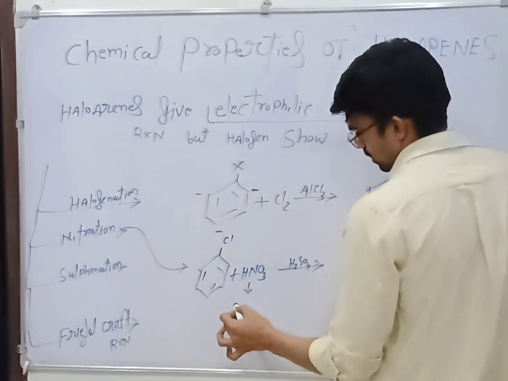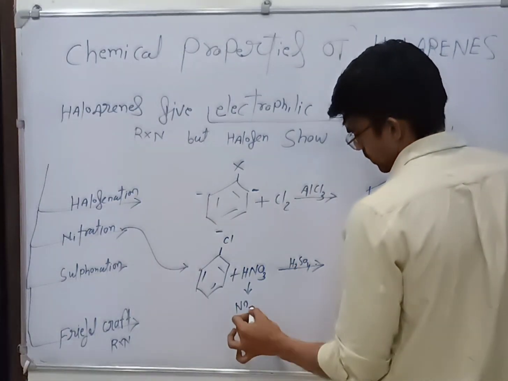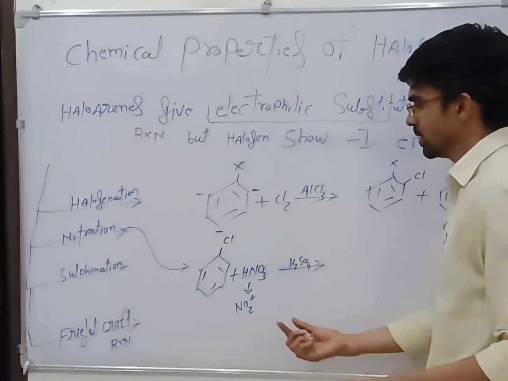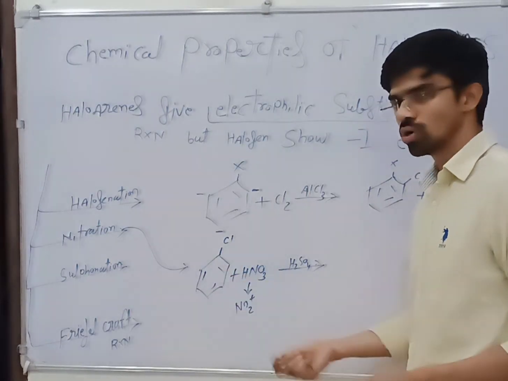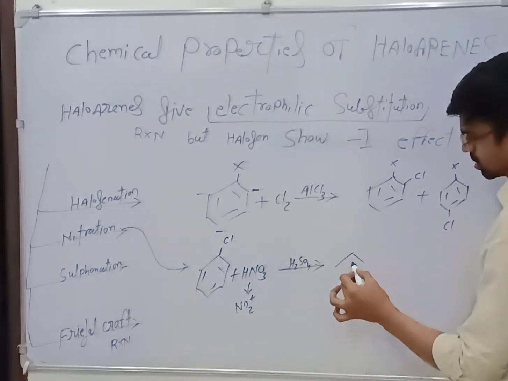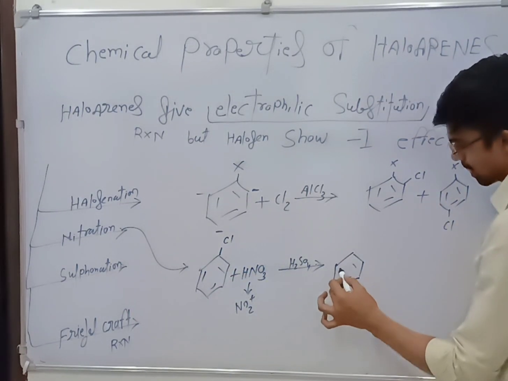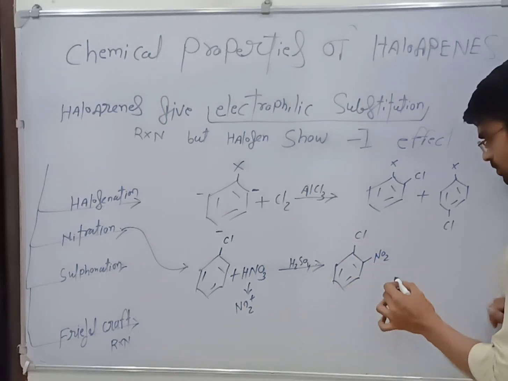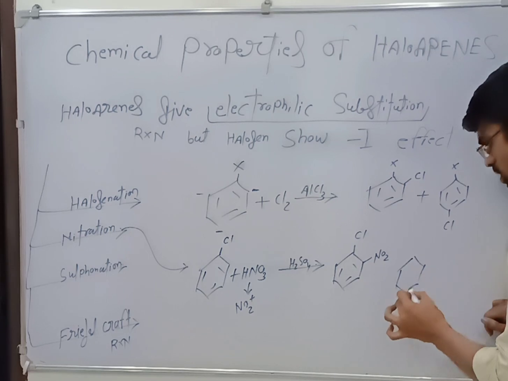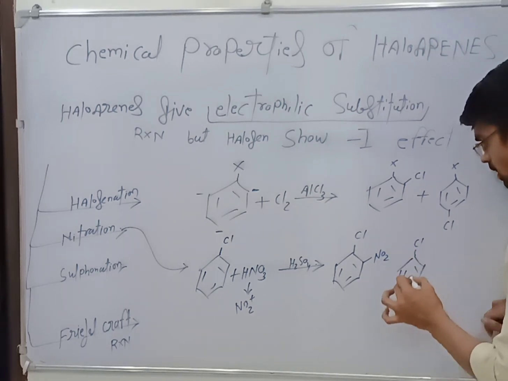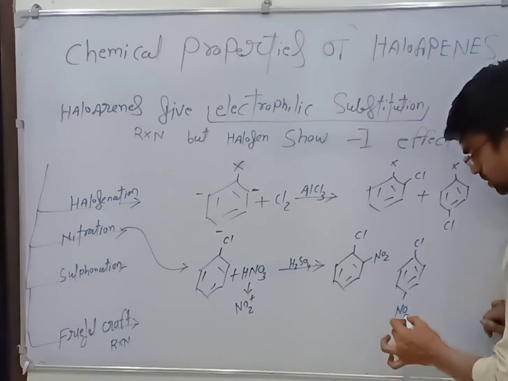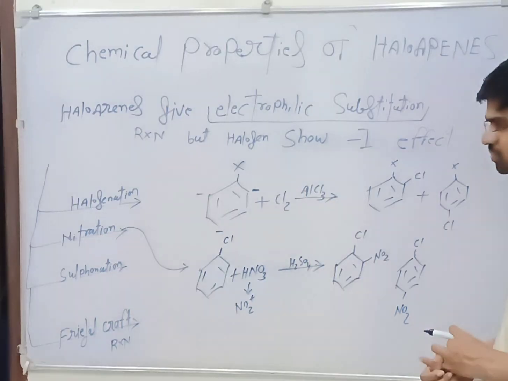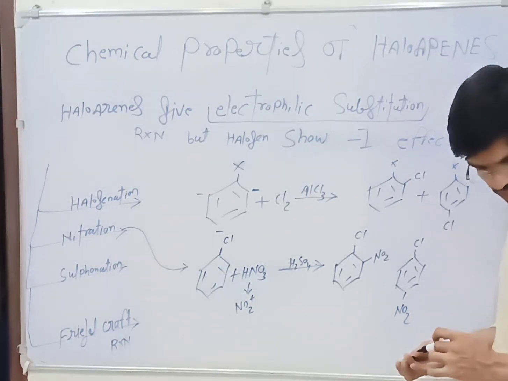It will give NO2 plus electrophile, and that electrophile will get attached in ortho and para position. So we will get ortho and para substituted haloarene. This is called nitration when we react it with nitric acid.